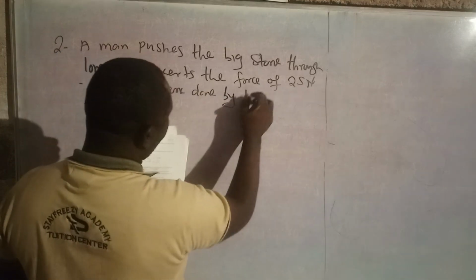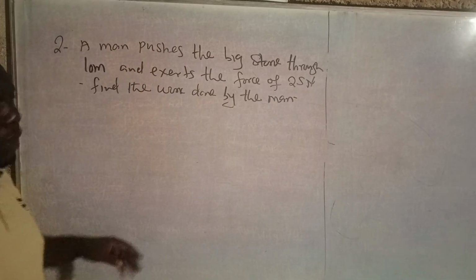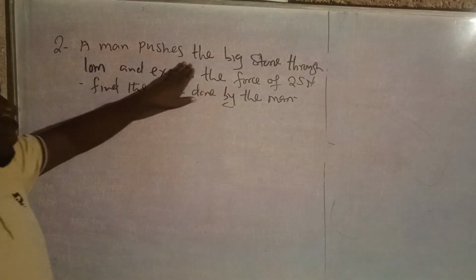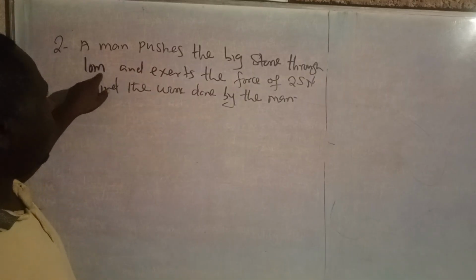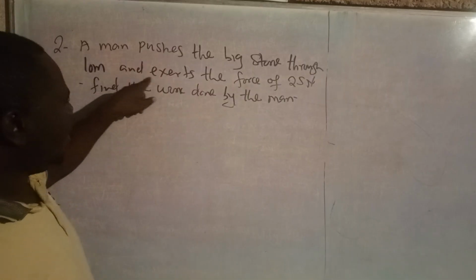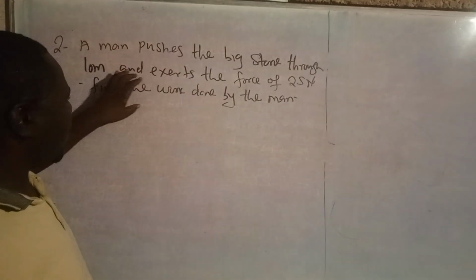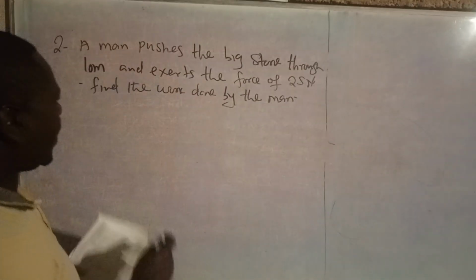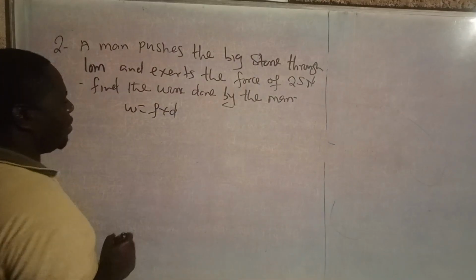Okay, so a man pushes the big stone through 10 meters. This is the distance given, and exerts the force of 25 newtons. We need to find the work done by the man. We know that work is equal to force times the distance.